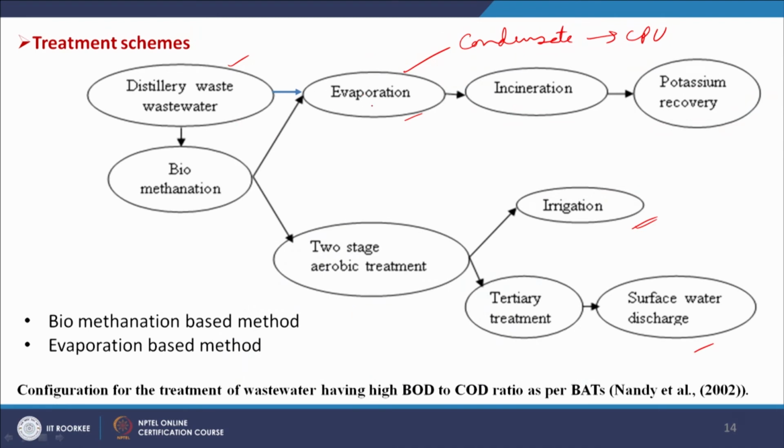So, in India the evaporation based method is preferred, and CPCB has recommended the use of this evaporation based method, and thus more focus is on using the thermal or evaporation based method to a larger extent.